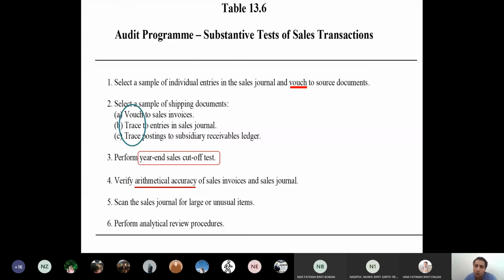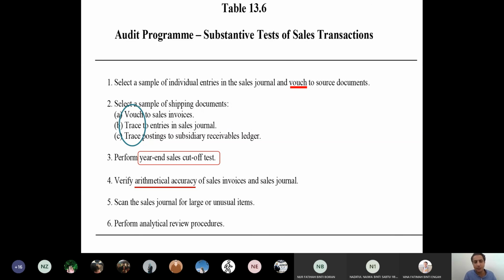Okay, now let's understand that in the substantive test of sales transactions. We have what we call vouching, and we have the tracing function. Vouching and tracing are the functions of what we discussed just now about the direction, and it will be clear here. So vouching is to start from the documents, so you are checking from the document whether it exists in the record.